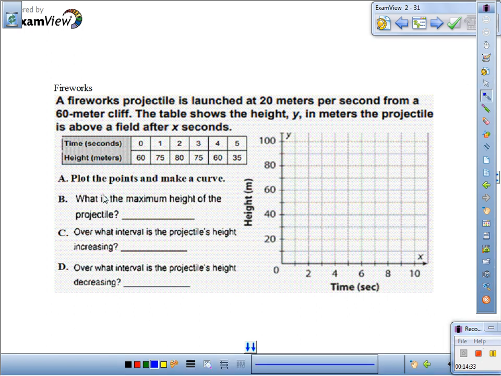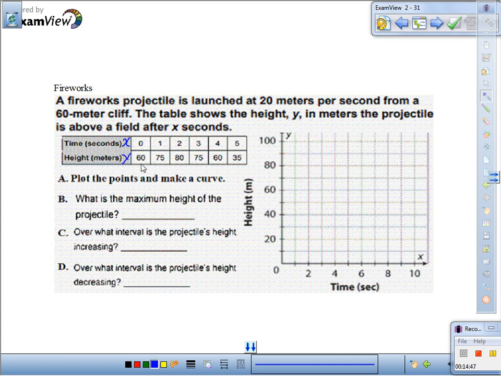All right, I'm going to use blue to plot my points. My first point is 0, time. So this is time, I'm going to label that. That's my x. And for my y, they label it y, is this one.